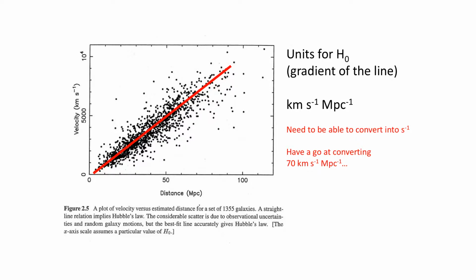The tricky bit is focusing on our units. For distance, if you recall from a couple of lessons back, parsecs or megaparsecs. As a reminder, mega means times 10 to the 6. We've also got kilometres per second rather than metres per second, just because of the distances involved. Notice that the scale is also not a logarithmic scale.